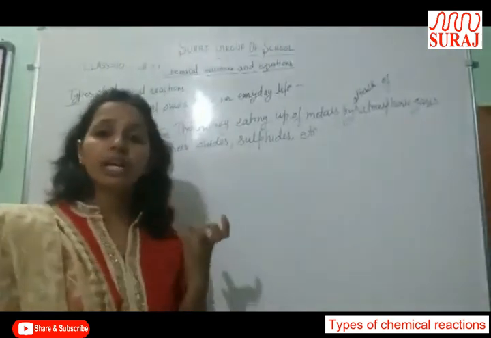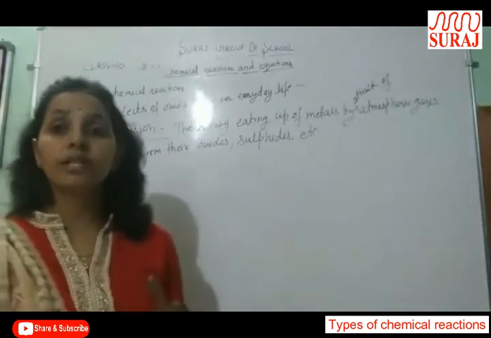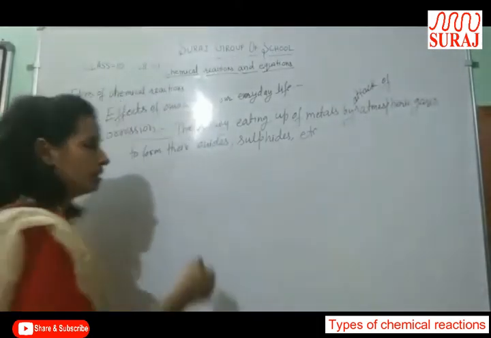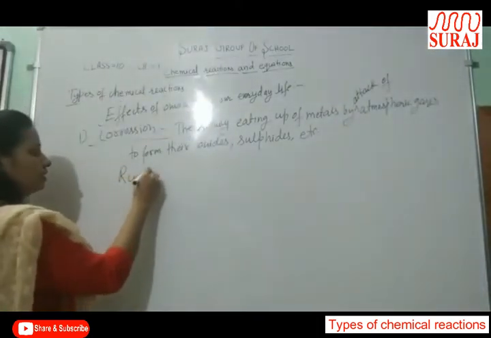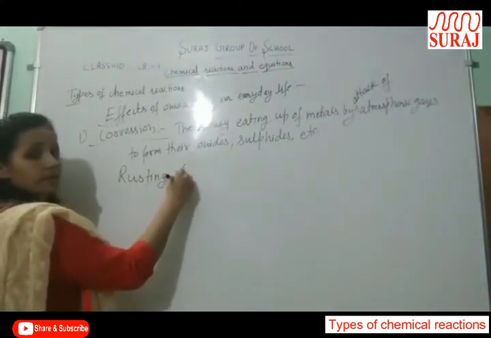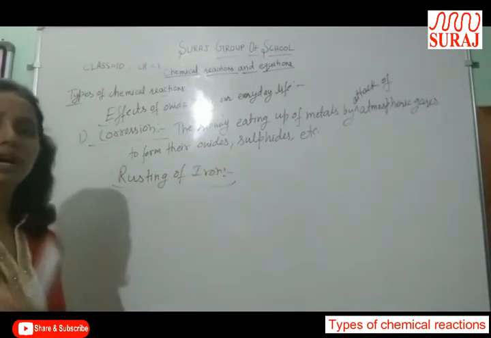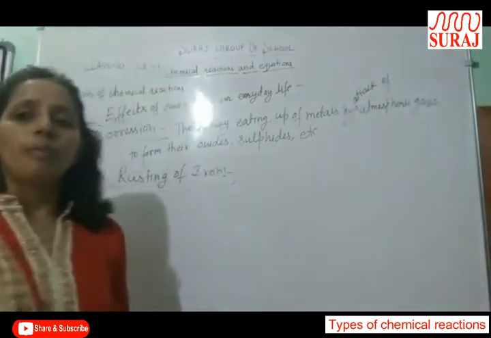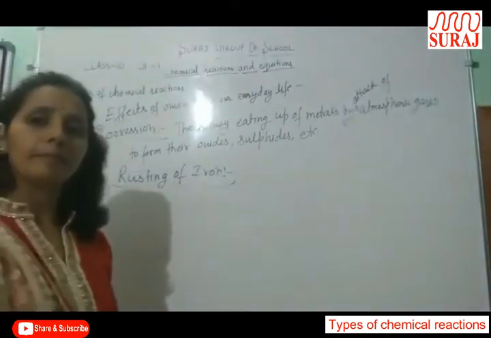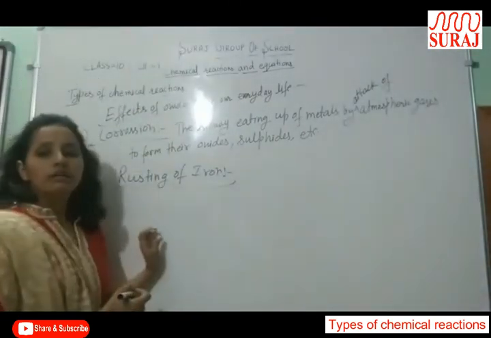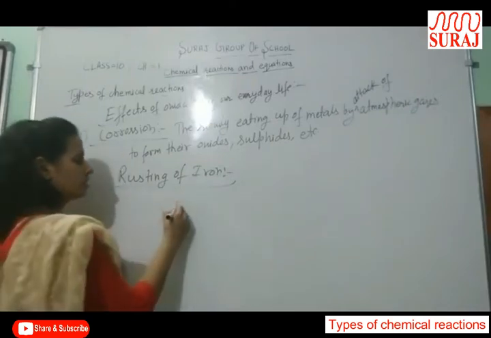The most simple example of corrosion in our day-to-day life is rusting of iron. We can take the reaction for this.